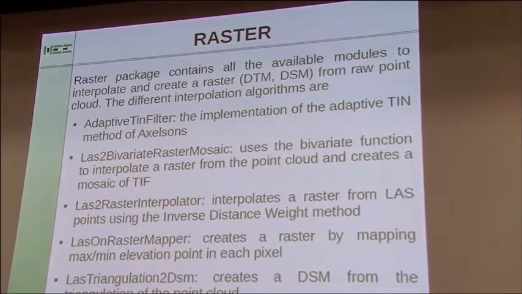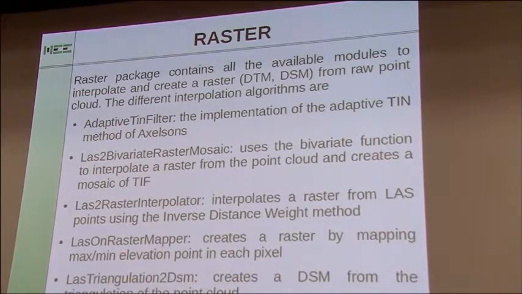Then we have some raster tools. The raster package contains all the available tools for interpolating and creating a raster from a LAS. And we have different types of interpolation to create digital terrain model and digital surface model. For example, we implemented the adaptive TIN filter of Axelsson, and then we have another function that is a bivariate raster interpolation, or an inverse distance weight method.